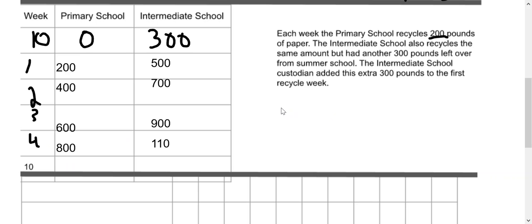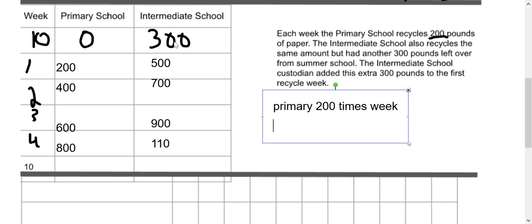And then it says, how many will they recycle after 10 days? Well, let's figure out what our equation is. So for the primary school, the equation is going to be 200 times the week, okay? And for the intermediate, it is going to be a little bit different because it's going to be 300 plus 200 times the week.